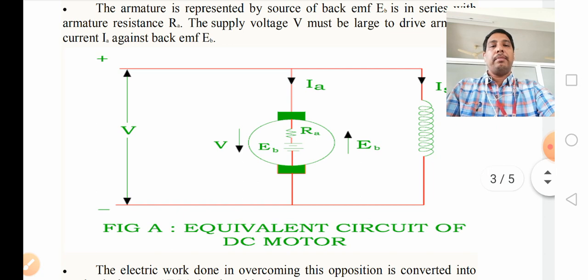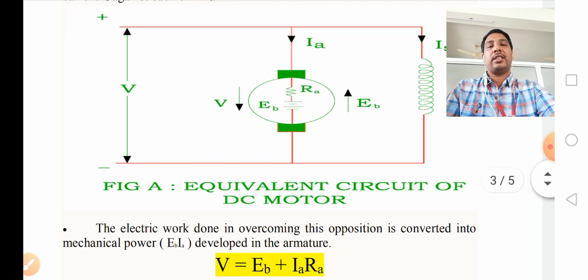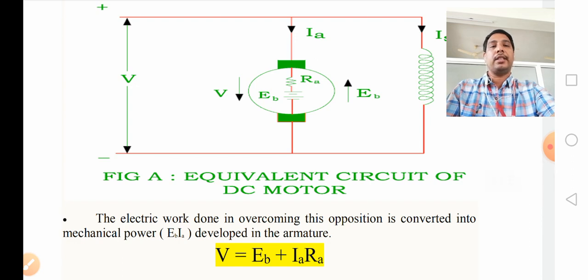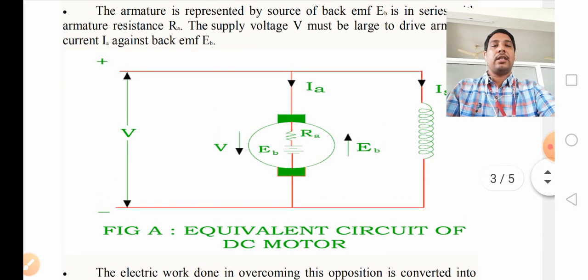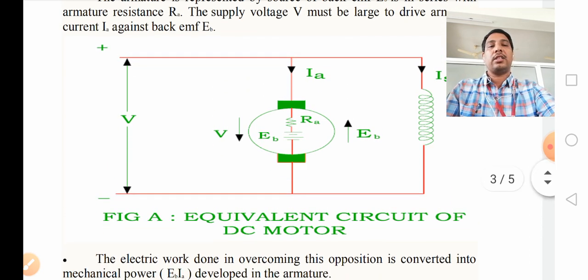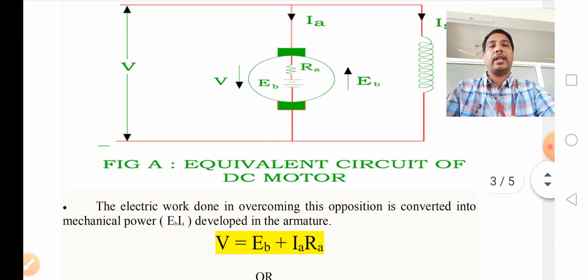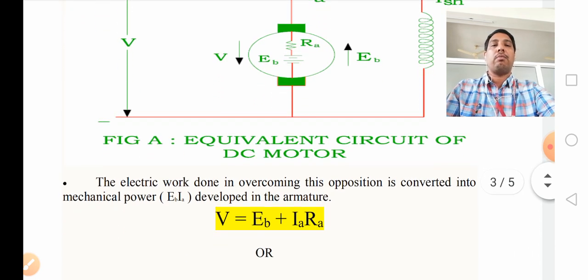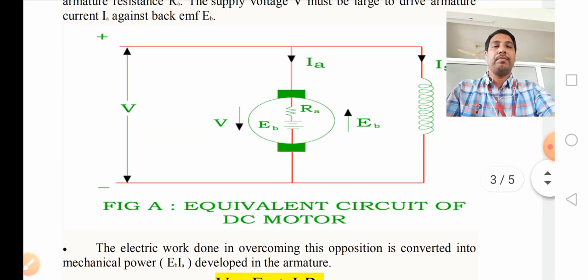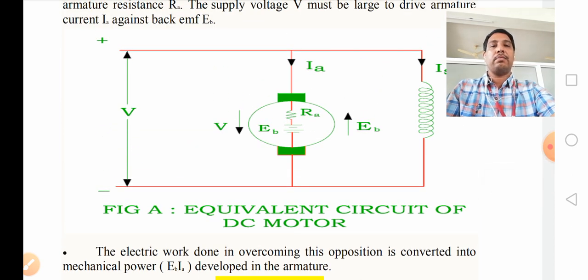Based on this, shunt and series type motors can be represented. So these are the different types of motors: shunt type, series type, and similarly compound type motors also. But what is the basic difference between these two, generator and motor?